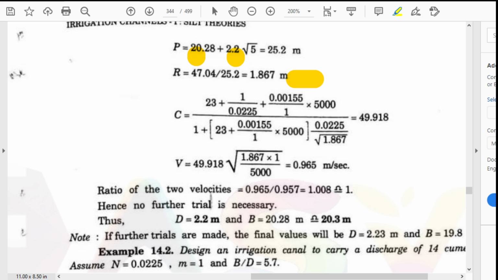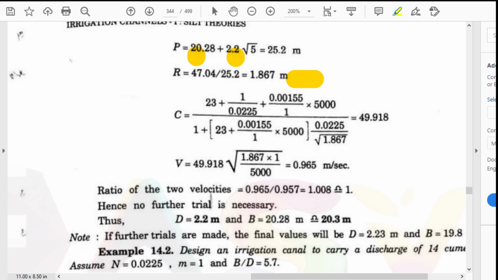And the Q, N, M values and bed slope are already known to us. So this numerical ends here. We are not going to take a further trial because the ratio for these two velocities comes out to be approximately 1.